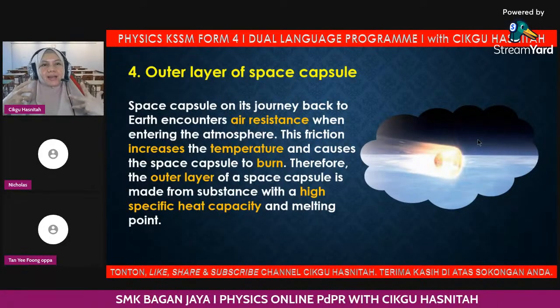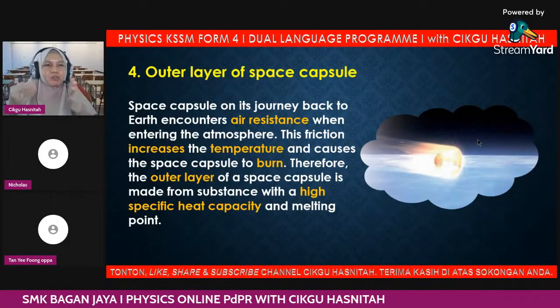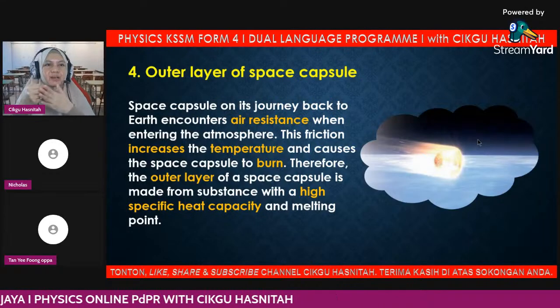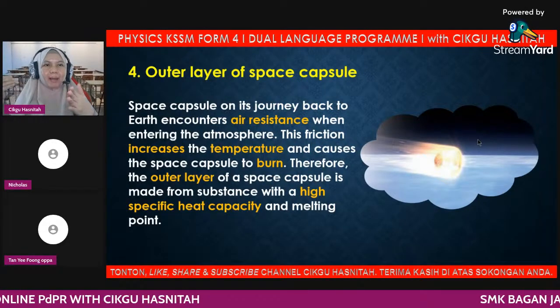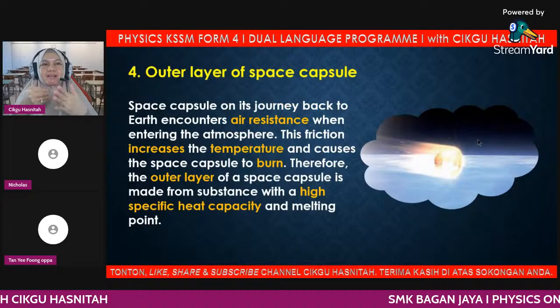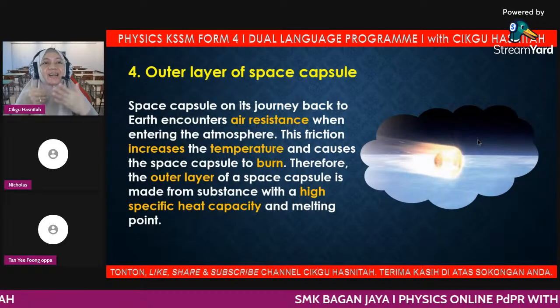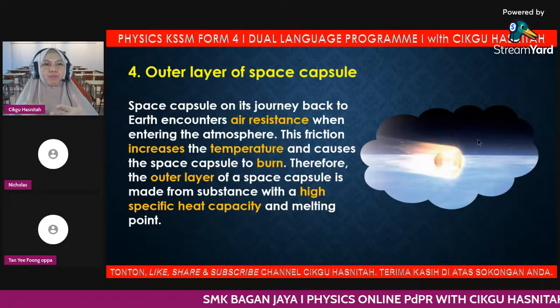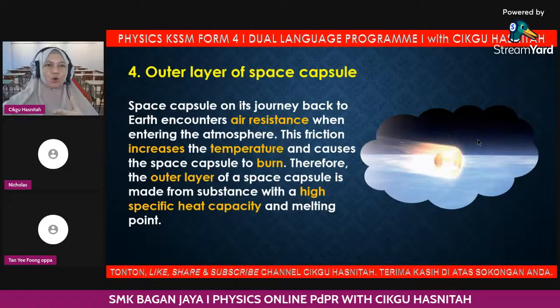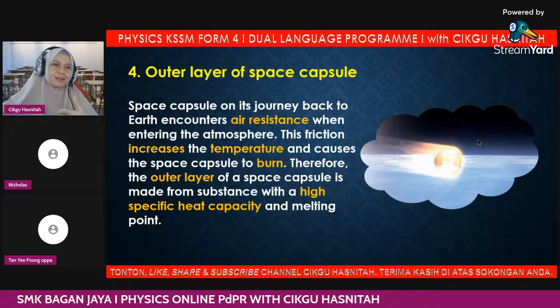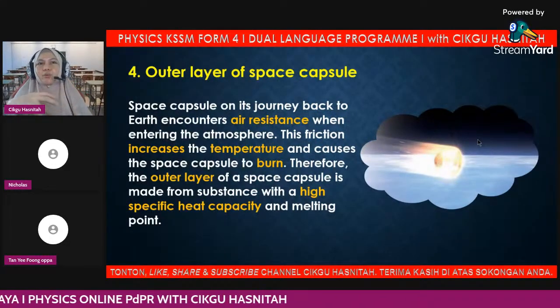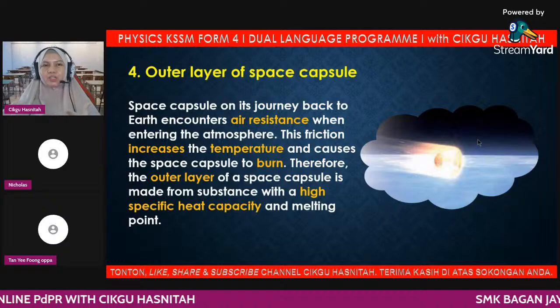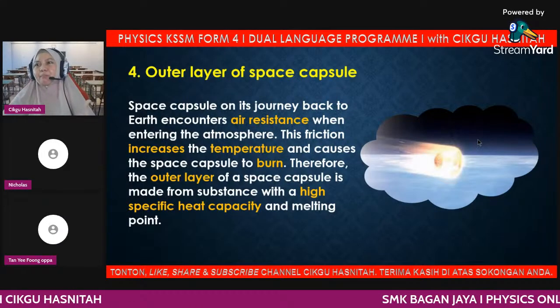In doing that, it will generate a lot of heat due to air friction between the body and the air molecules. So there is a risk for the space capsule to be burned on the journey back home. So we don't want this to happen. We want to prevent the space capsule from burning.